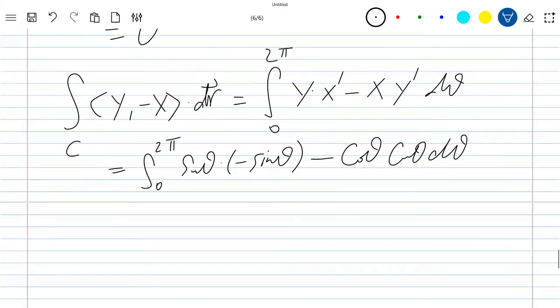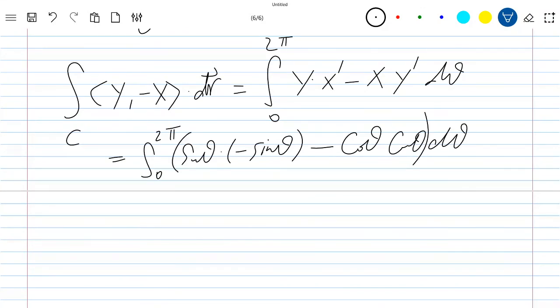And what is that? You have negative sine squared minus cosine squared, which is negative 1. And the answer is negative 2 pi. So it's a negative number.